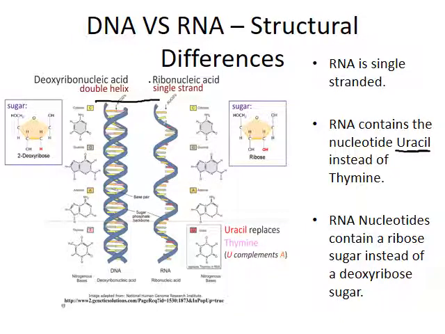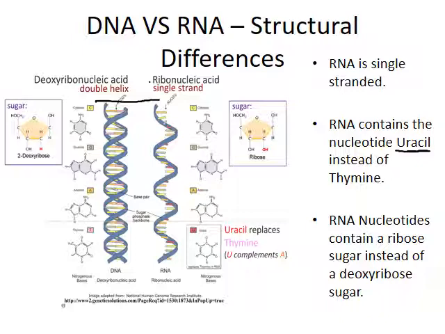So in RNA, A joins with U instead of joining with T. So A to U, and you can still keep the same memory trick for the rest, that's fine. So there's our second difference. If the question was name a second difference, you'd say RNA contains the nucleotide uracil, whereas DNA contains the nucleotide thymine.